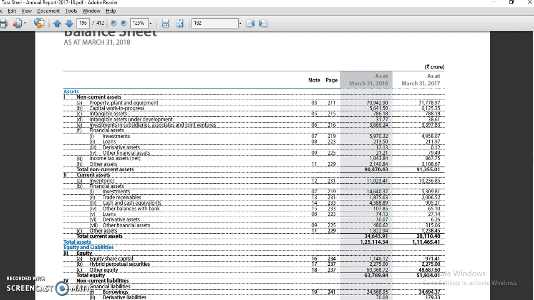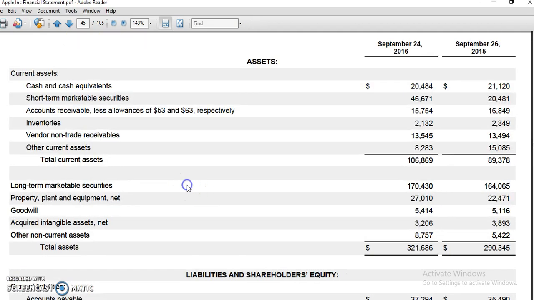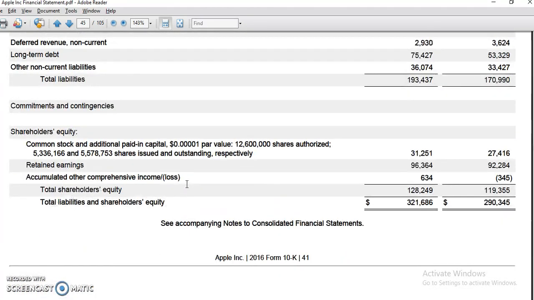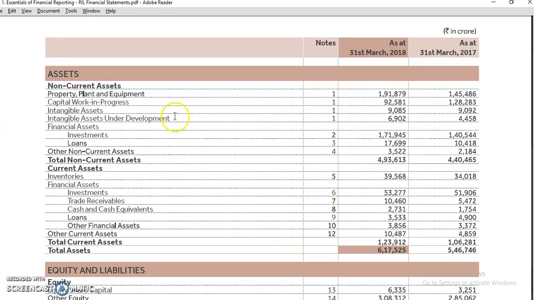This is essentially because of the disclosure requirements of listing stock exchanges in India compared to stock exchanges in the US. For this course, we will be looking at this Reliance balance sheet, which is not too detailed, but is decent.